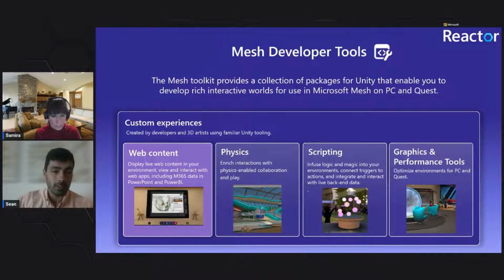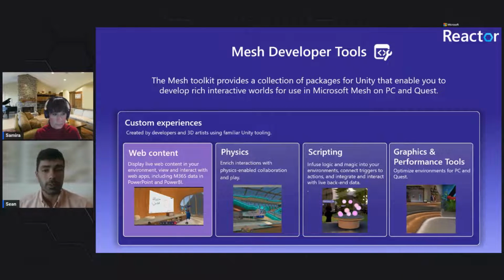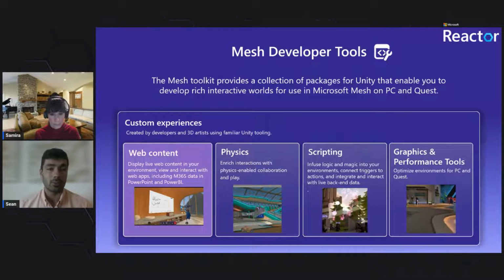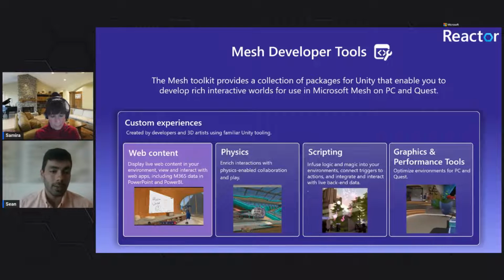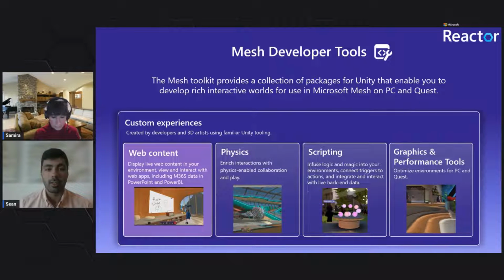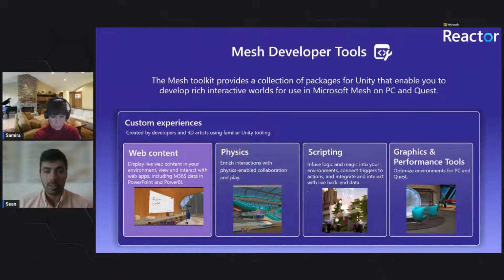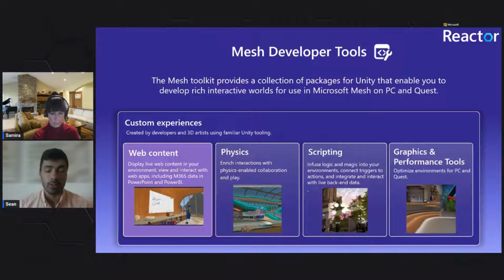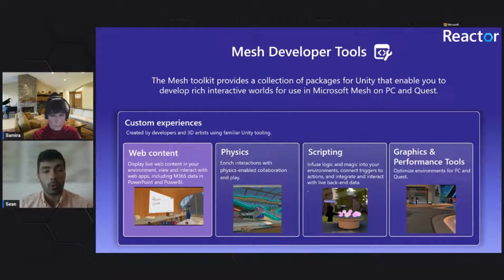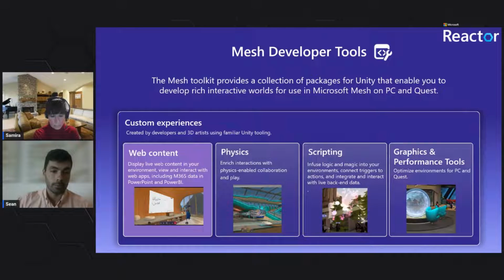These custom experiences can include displaying and interacting with live web content, such as dashboards and web apps, which is what we're getting into today, interaction with objects through game-like physics, scripted interactivity by inserting logic, integration with live backend data and connecting triggers to actions, and graphics and performance tools to make sure that the experiences work well on the devices that you deploy them to.